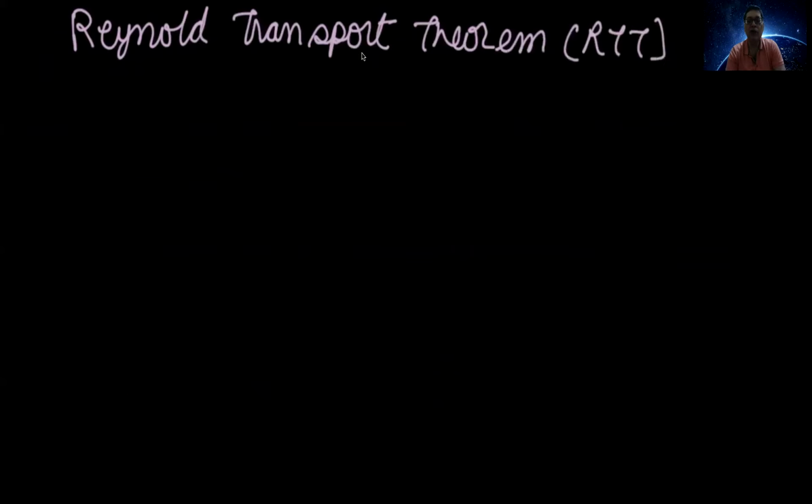So after presenting the relationship between the rate of change of mass for a system and a control volume, I have given the definition of the mass flow rate, volumetric flow rate, and the average velocity. Now I'll demonstrate, using the Reynolds transport theorem, that the relationship that we obtained earlier is what we can also obtain from the Reynolds transport theorem.